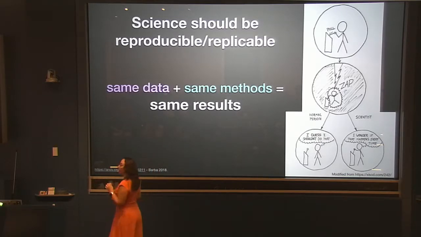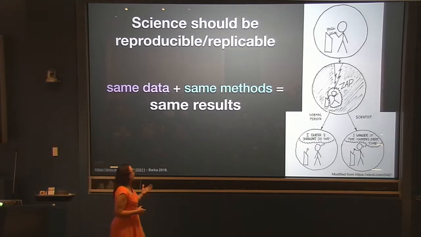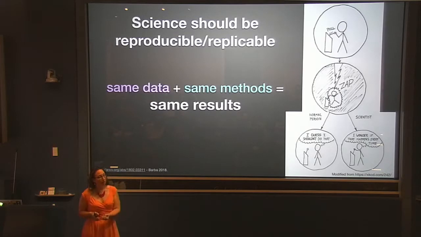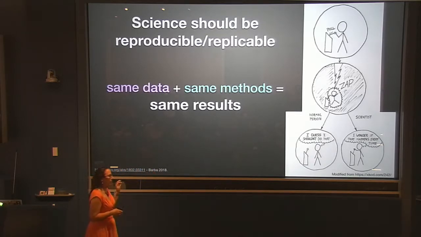So we want to, and the lowest hanging fruit, right, something which we think is a basic expectation for science, is that if we have the same data and we have the same methods, we would get the same results. But I want to do a little bit of an aside here, because I know we have an interdisciplinary audience.